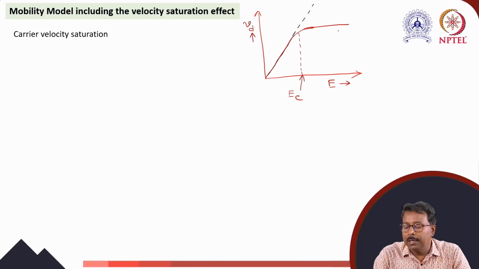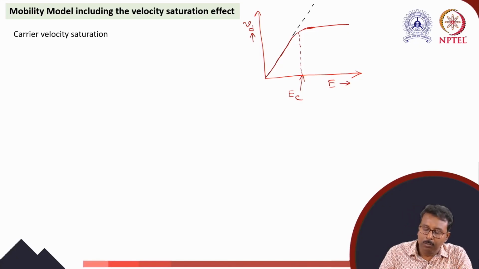But practically, for silicon, it is observed that there is a velocity saturation of carriers after certain electric field. How can it be modeled?